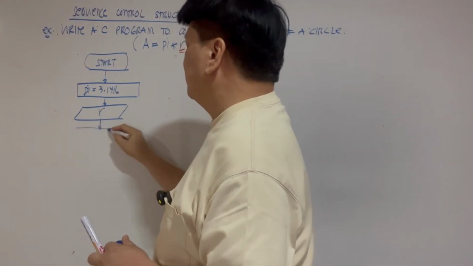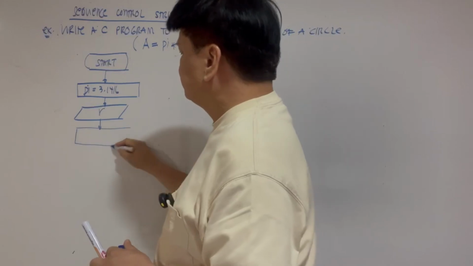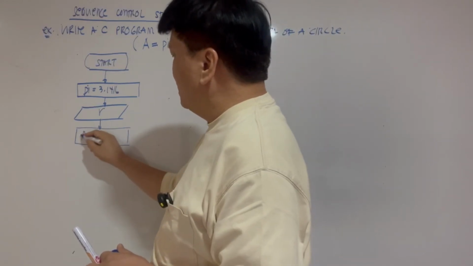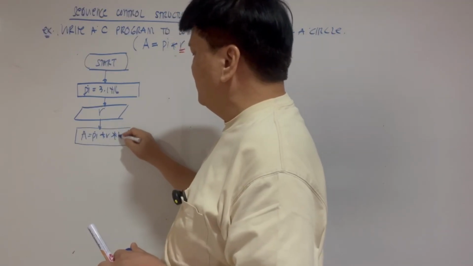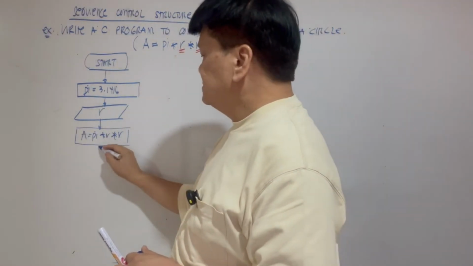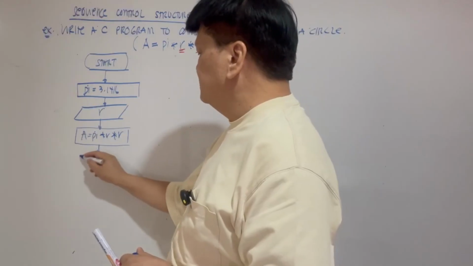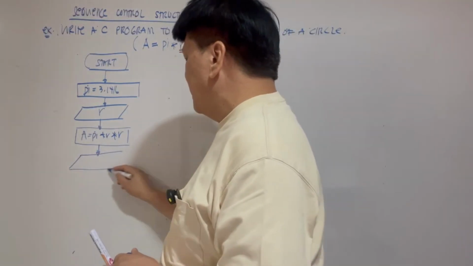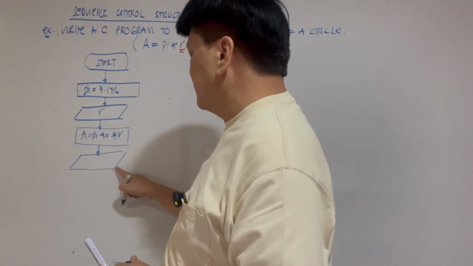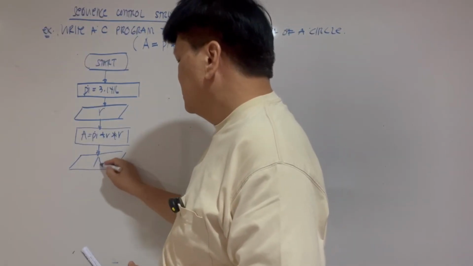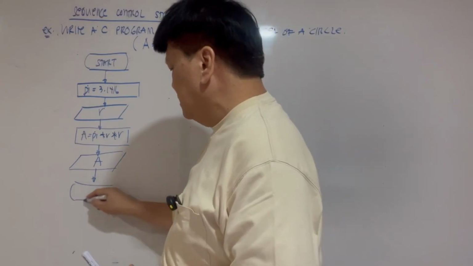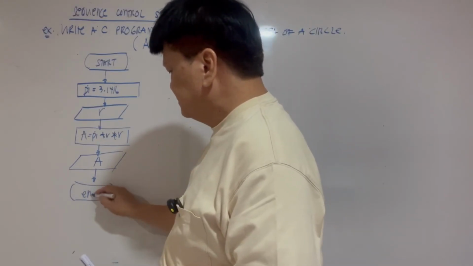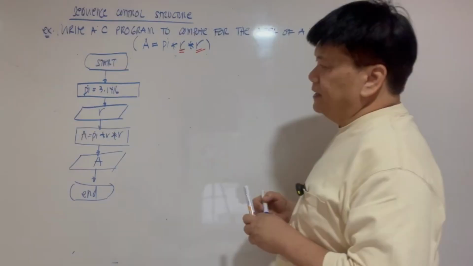Then processing: area is equal to pi times r times r. Then we have to output the area by using again the parallelogram. So area. And that simply ends the flowchart. So we put then the end.